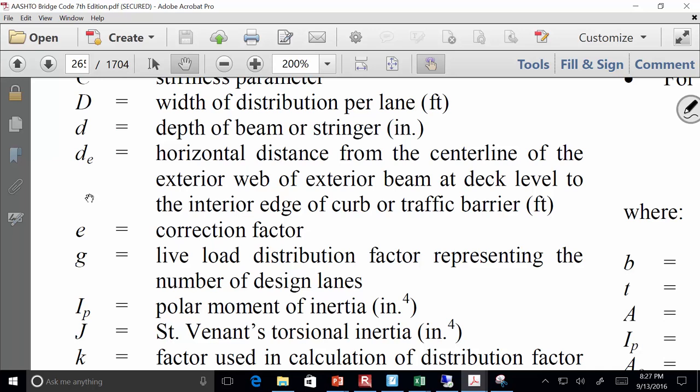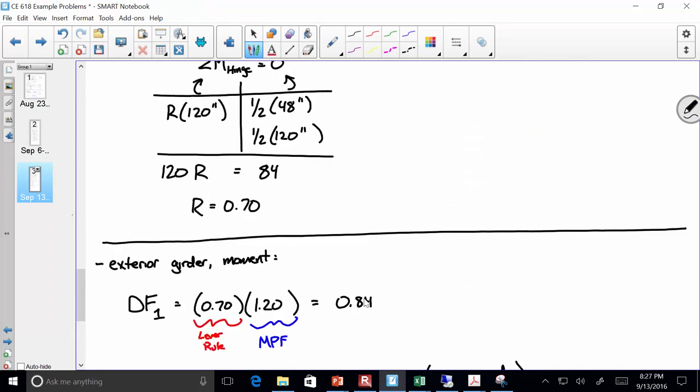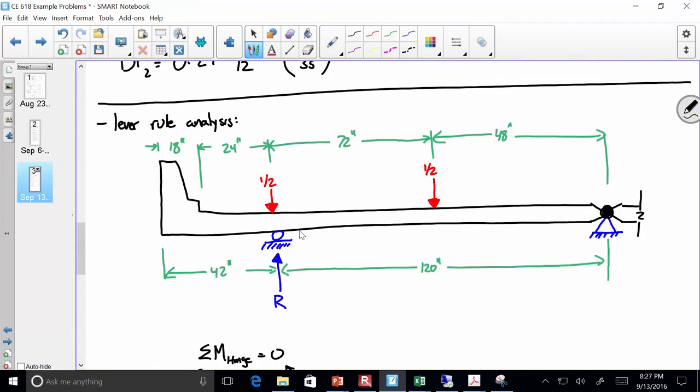Okay, make sense? So essentially for our bridge, what we're talking about is this dimension right here, the distance from this edge to the center line of this girder. And what is that? 24 inches, although in feet it's 2 feet.